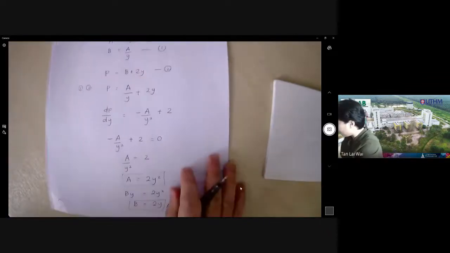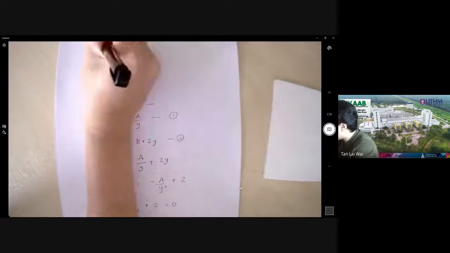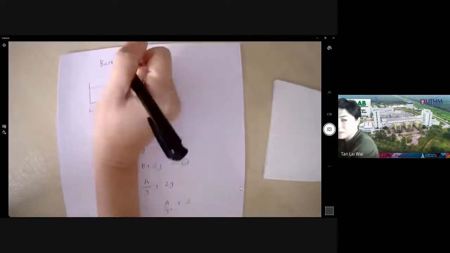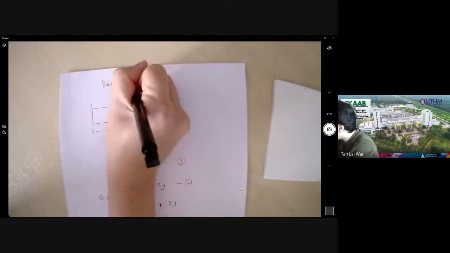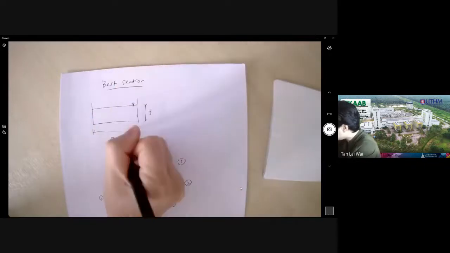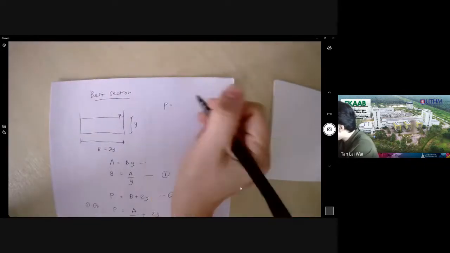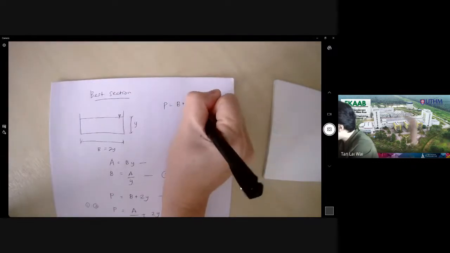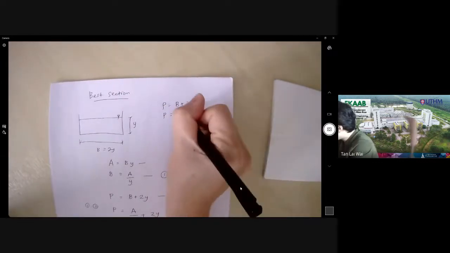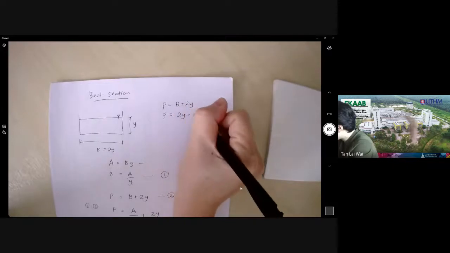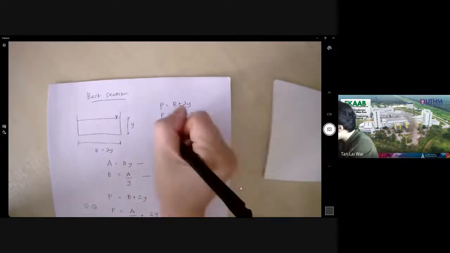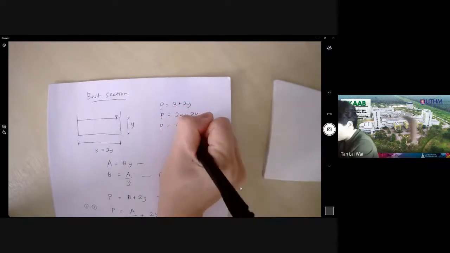Now, therefore, for the best section, if B is equal to 2y, then P is B plus 2y. It will give us 4y.